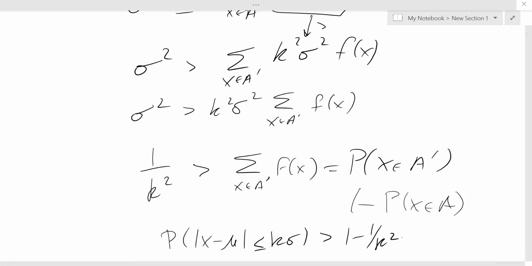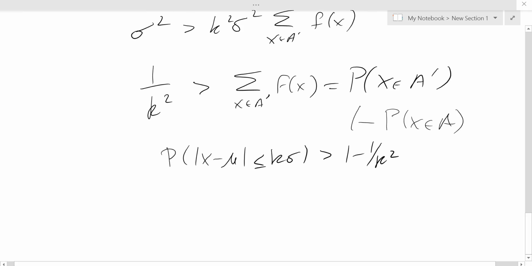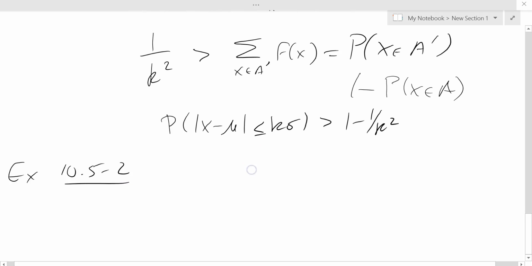So, to give an example here, let's look at 10.5-2. That's in the book.